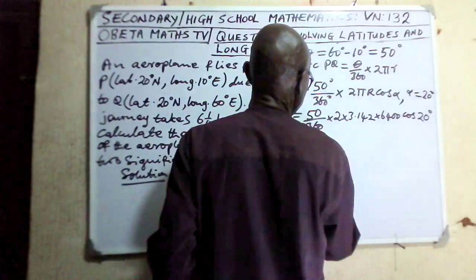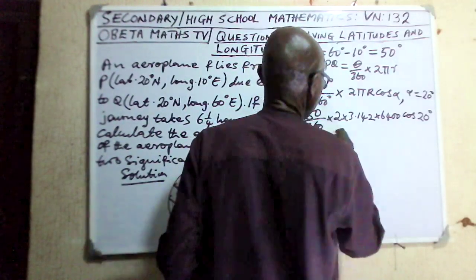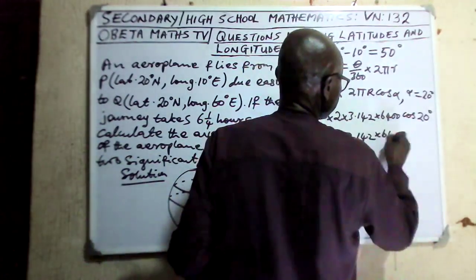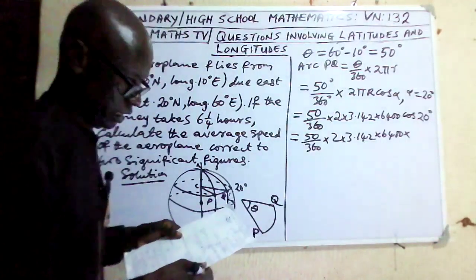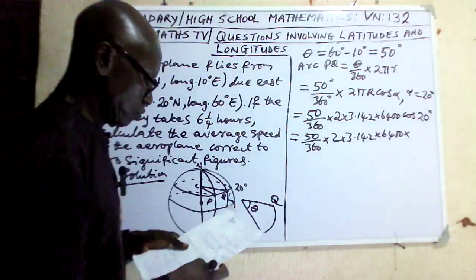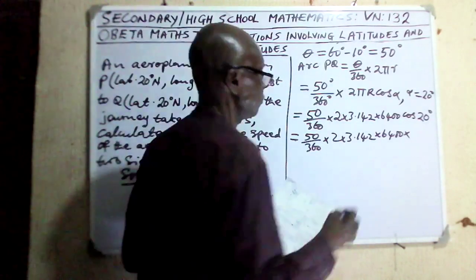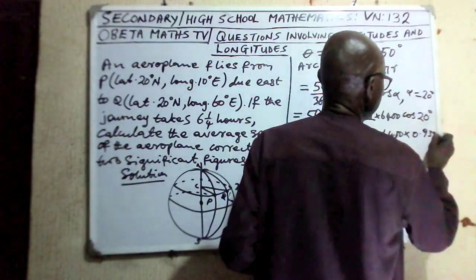You have 50 over 360 times 2 times 3.142 multiplied by 6400 times cos 20. Cos 20 will give us 0.9397.